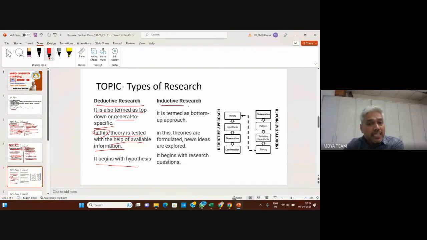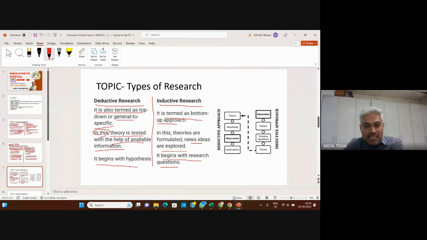And inductive research is termed as bottom up, right? Here deductive is top down, and its opposite is inductive research, which is the bottom up approach, right? In this, theories are formulated, new ideas are explored, and it begins with research questions, right? These two types of research are just opposite to each other.